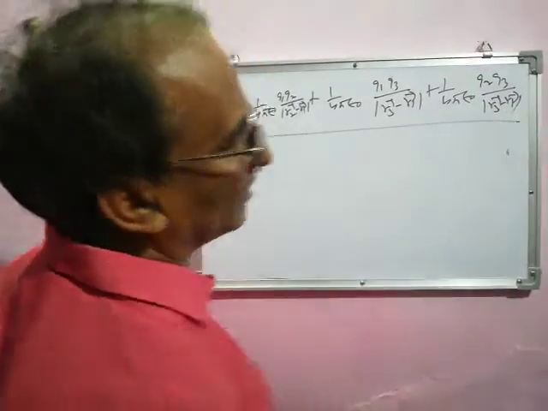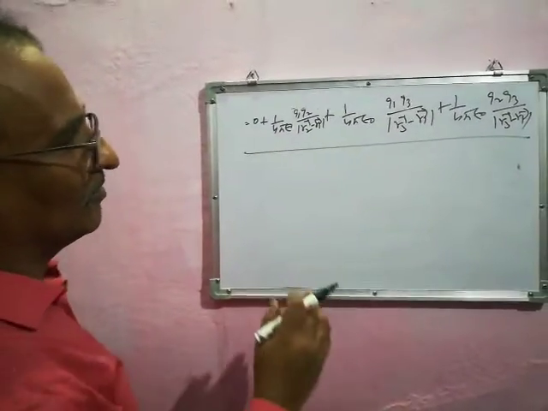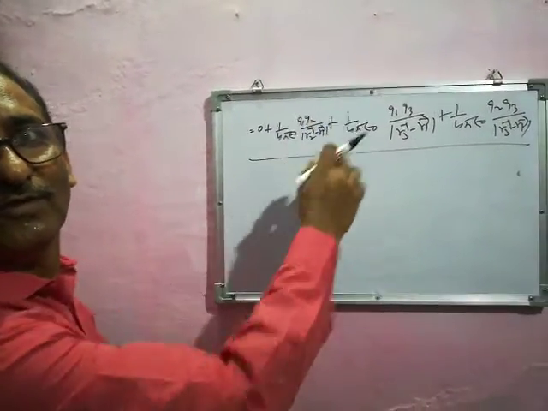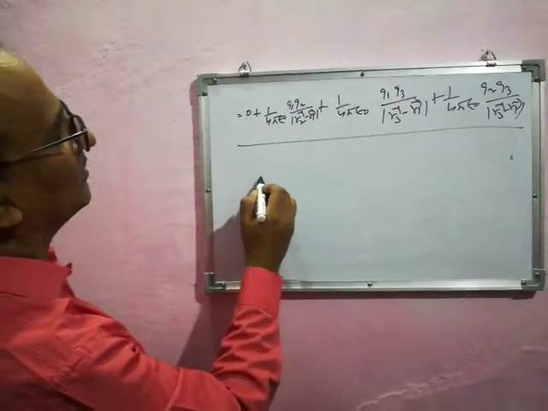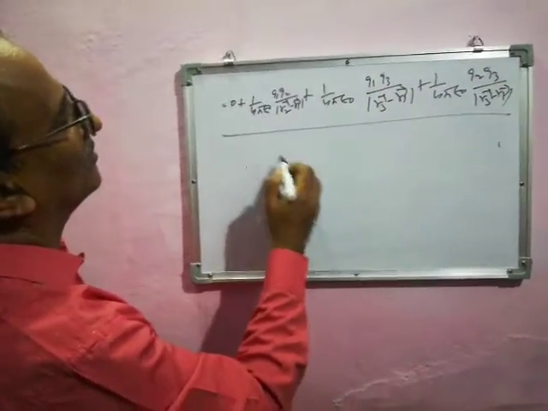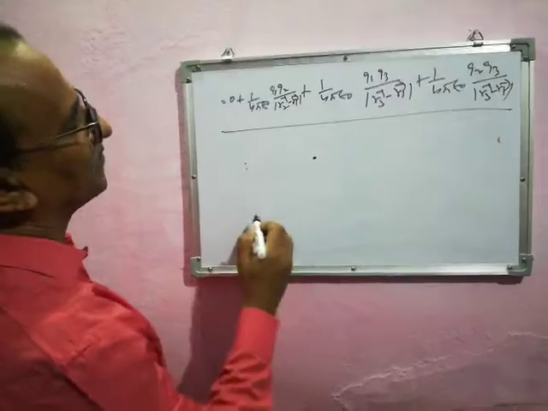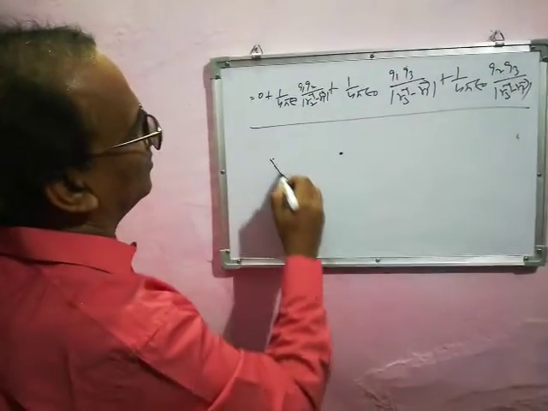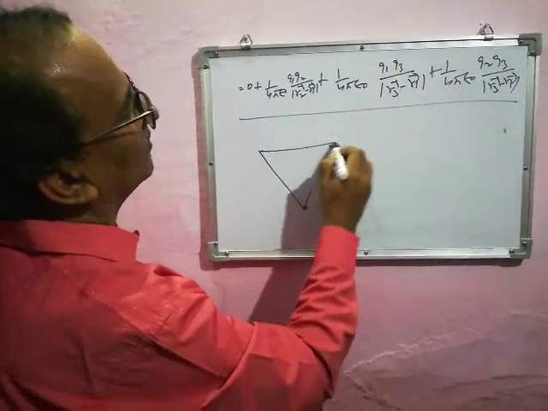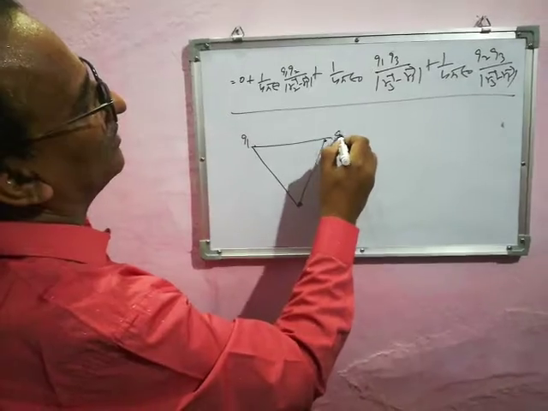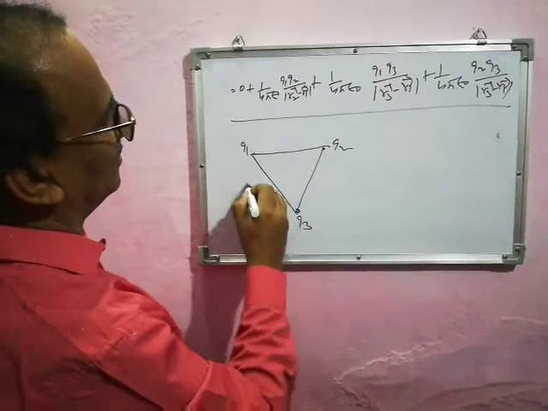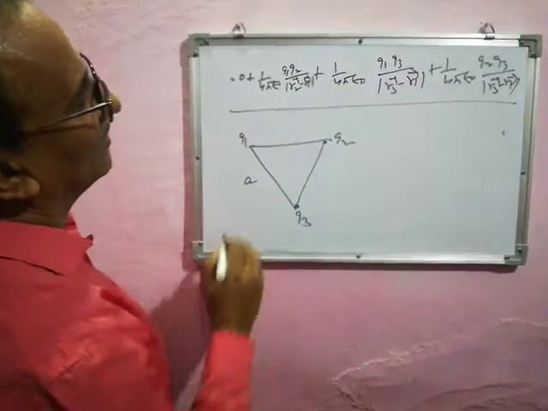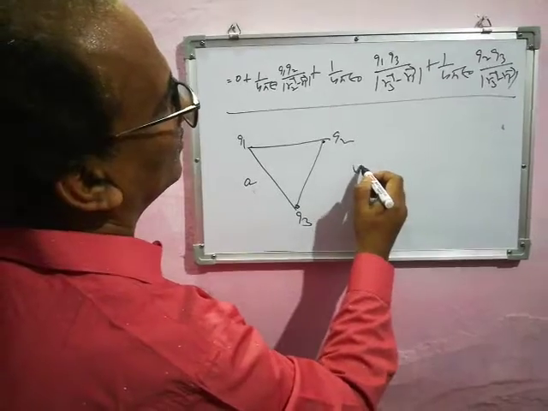So let us solve problems on this topic. In this case, suppose that there are 3 charges which are at the vertices of an equilateral triangle having side A. What will be the potential energy?